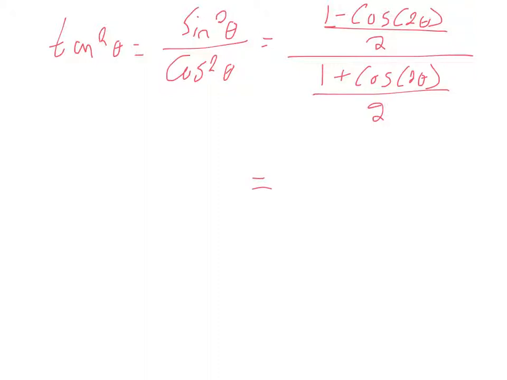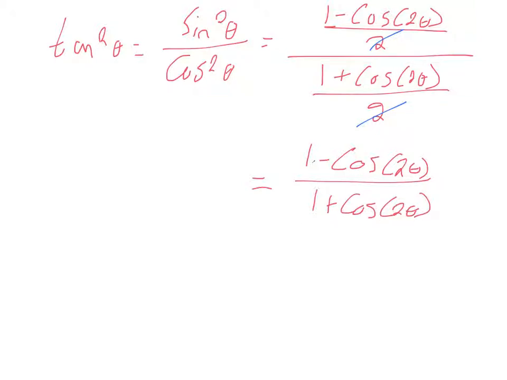And so if we multiply this, the 2's are going to cancel, and we'll just end up with 1 minus cosine 2 theta over 1 plus cosine 2 theta. Okay? So that is our power reduction formula for tan squared theta.